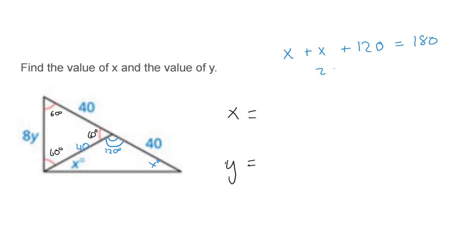Combining like terms gets us 2x plus 120. Subtracting 120 from both sides leaves us with 2x is equal to 60. So once I divide both sides by 2, I see that x has to equal 30 degrees.